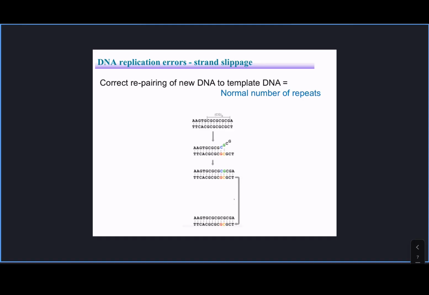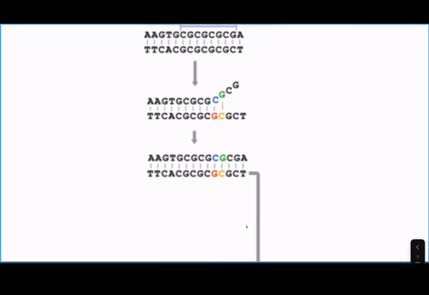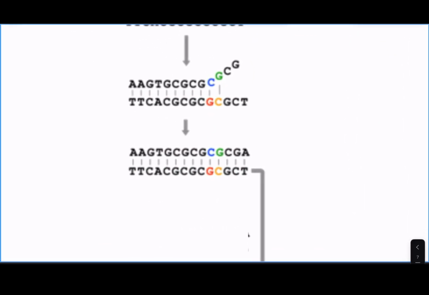And DNA polymerase runs into a stretch of repetitive sequence. So in this example, I'm going to zoom in briefly. DNA polymerase is reading through the sequence here, and it bumps into the stretch of GC, GC, GC, GC, G, right? So there is a strand of repetitive sequence.